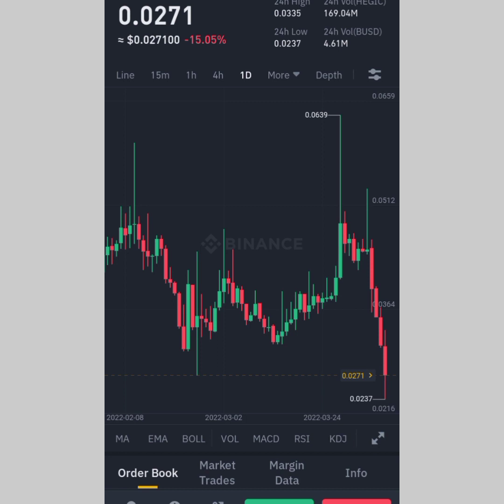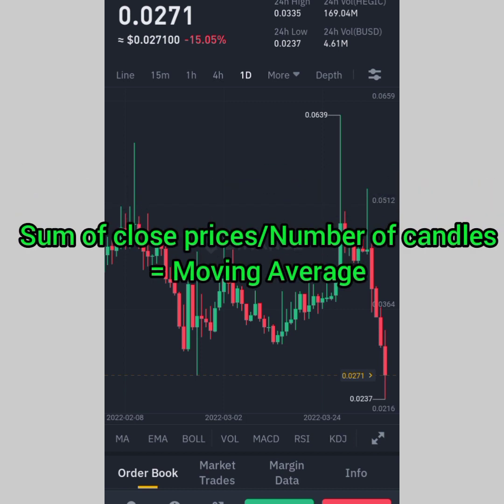So it's just like a normal average. It's the addition of close prices within a given period of time. In other words, if you have 10 candles, the close of each of the 10 candles, add them up together, sum them, and divide it by 10, and then you have your moving average.